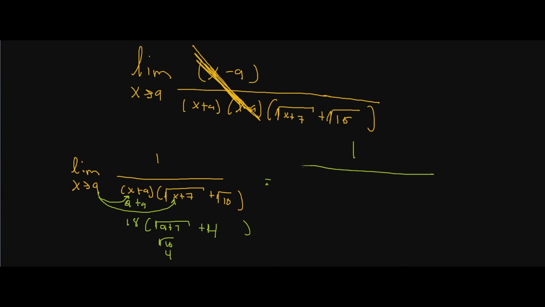So on the denominator, I'm going to get 18 times 4 plus 4. And I'm going to get 1 over 18 times 8. 18 times 8, I don't even know what that is. I could do it by hand, but I'll just use my calculator for efficiency's sake, and it's going to give me 144.